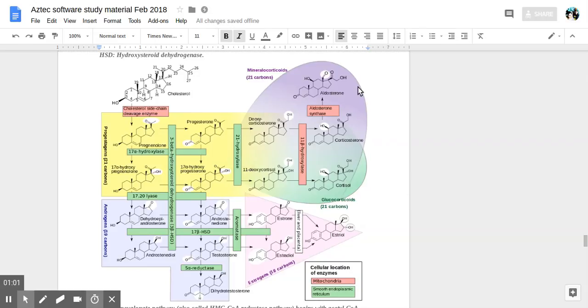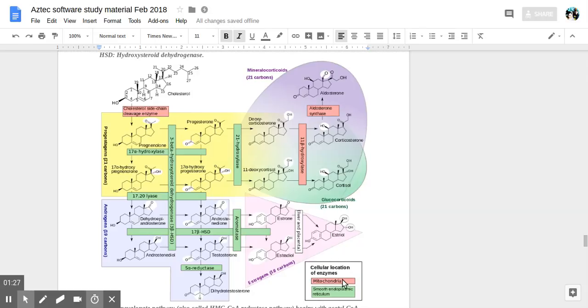The mineralocorticoids are a group. Glucocorticoids, which are similar and overlap. Estrogens, androgens, and progestogens. So androgens are largely in males, estrogens in females.